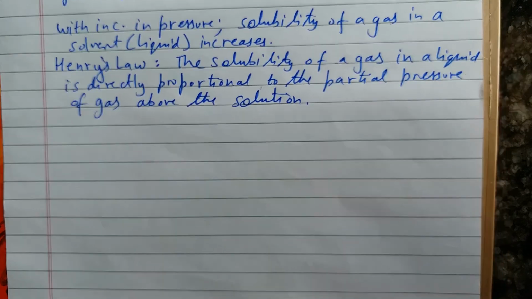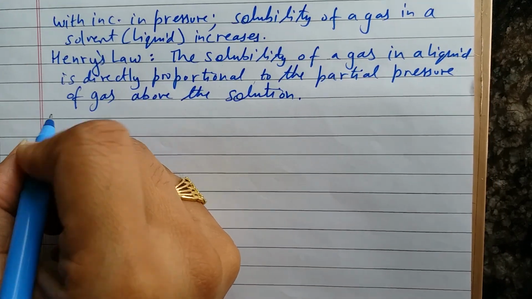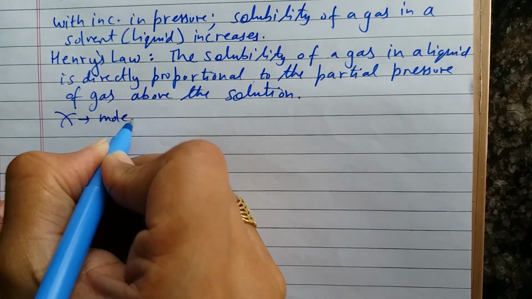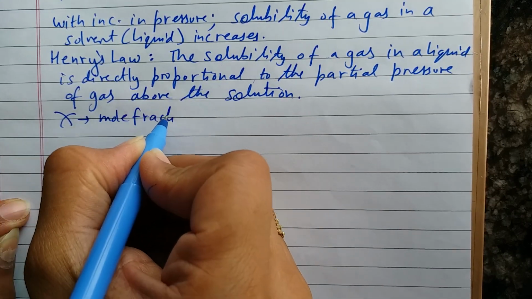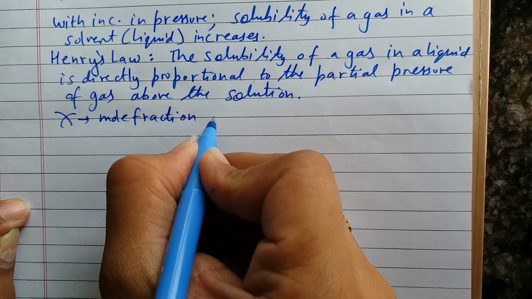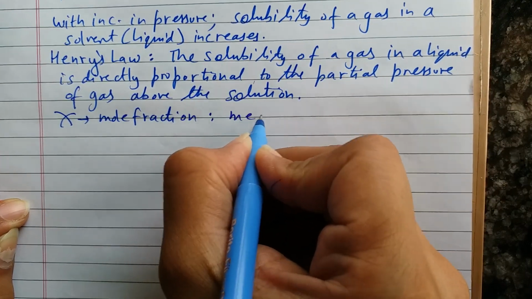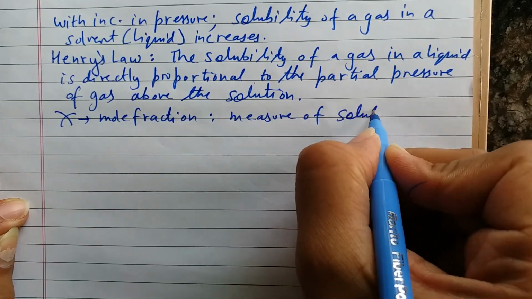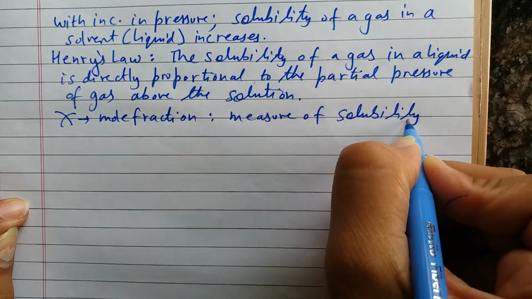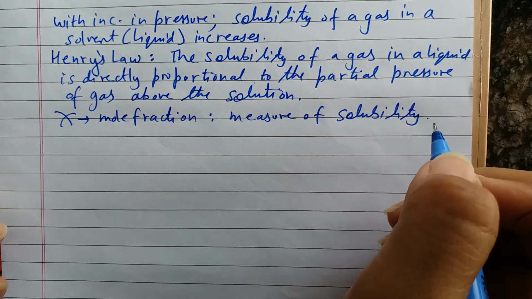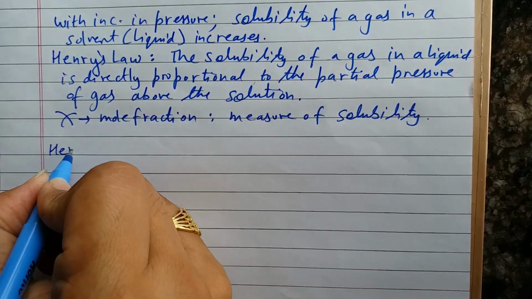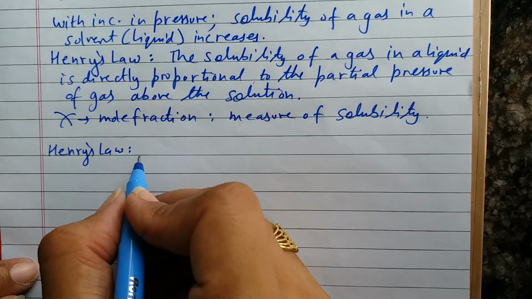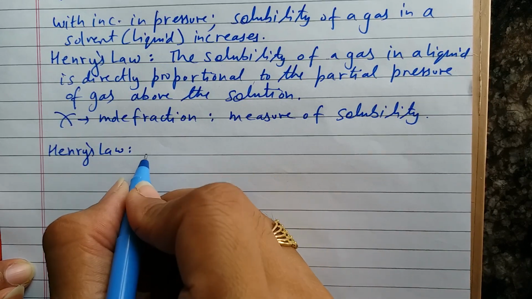Okay, and now if I take chi, what is chi? Mole fraction. If I consider chi, the mole fraction, as a measure of solubility, then Henry's law can be stated in one more way. And what is that?